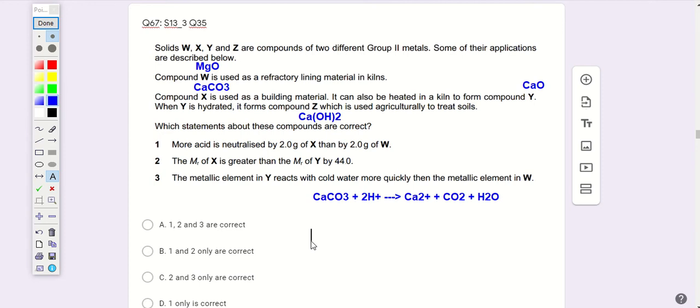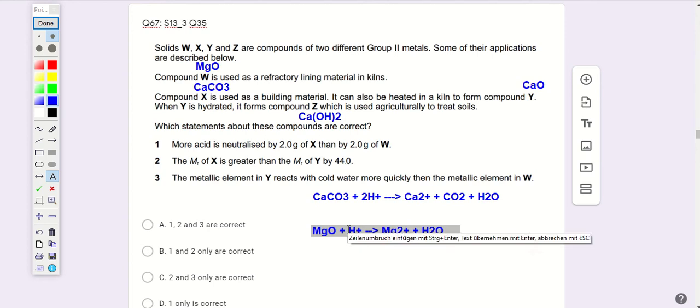Now let's write the equation for W with acid. W is magnesium oxide. I'll get magnesium ions and then H2O. So again, balance the equation. 1 mole of W will react with 2 moles of acid.